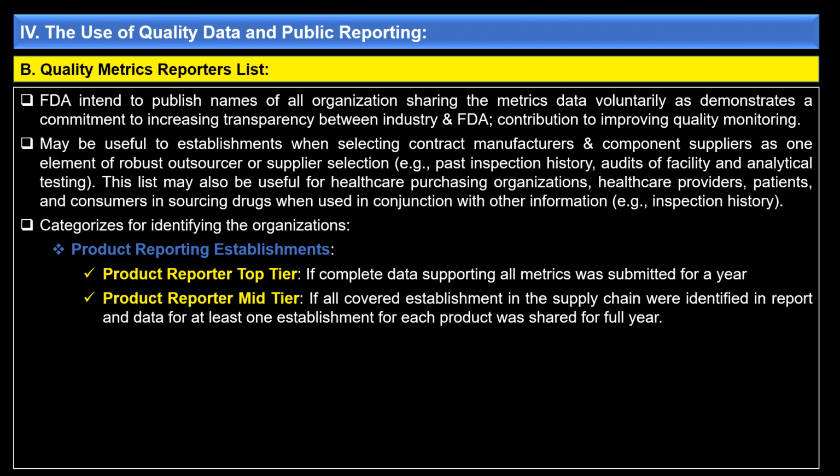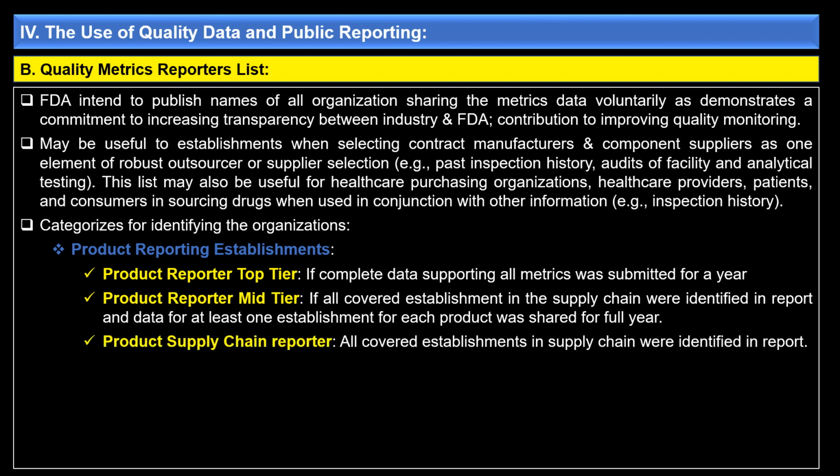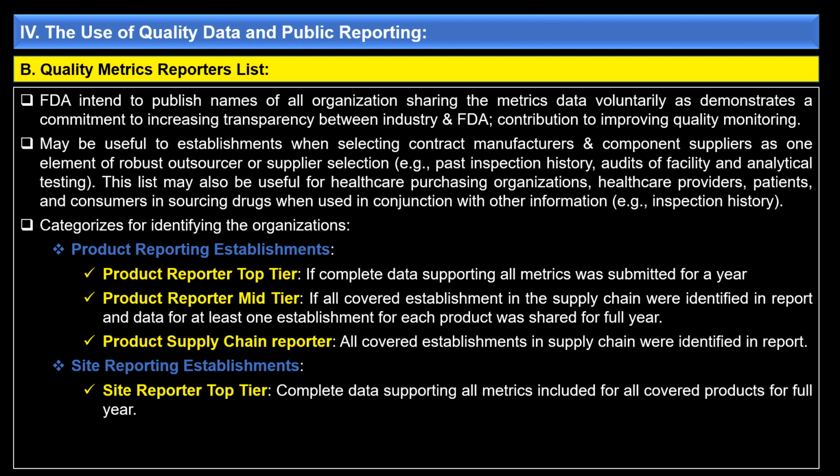Product reporter mid tier: if all covered establishments in the supply chain were identified in the report and data for at least one establishment for each product was shared for the full year, then that is the mid tier. And product supply chain reporter: all covered establishments in the supply chain were identified in the report. The second part is the site reporting establishments.